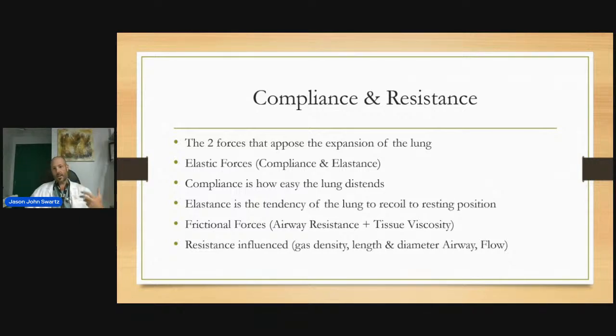So length and diameter, and then the speed of gas flow. Obviously, the more flow that you have, the more resistance. The smaller the airways and the longer they are, the more resistance. Gas density, think of why we'll give heliox in, let's say, asthmatics or obstructions in the airway: the gas is less dense, therefore it will reduce the resistance to airflow.